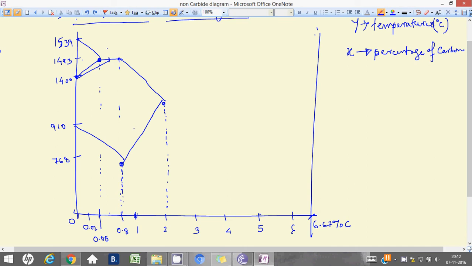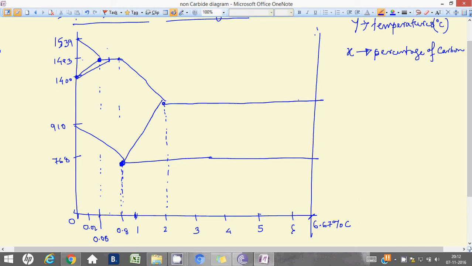What we will do now is draw two straight lines touching this point, and from this point we will draw another straight line.